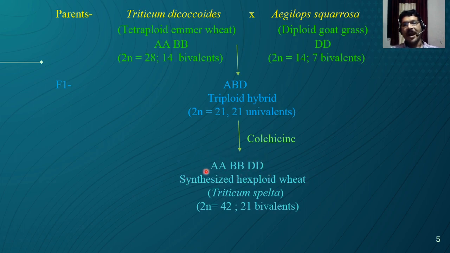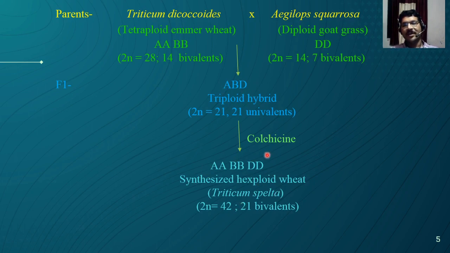This plant is known as synthesized hexaploid wheat, Triticum spelta. It has 2n equal to 42 chromosomes and 21 bivalents, meaning pairing of chromosomes has taken place, with 21 pairs of chromosomes. This wheat is fertile, highly fertile, but F1 was not fertile.